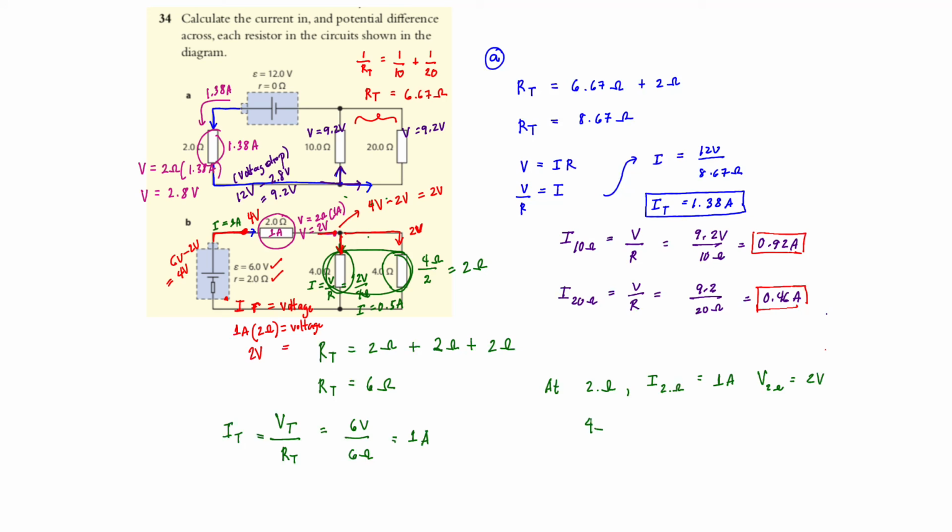At the 4 ohm resistors, the current is equivalent to 0.5 amperes, same with this one. And then the voltage at the 4 ohms would be 2 volts.